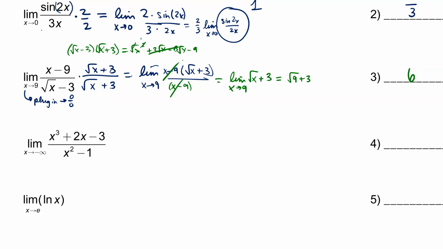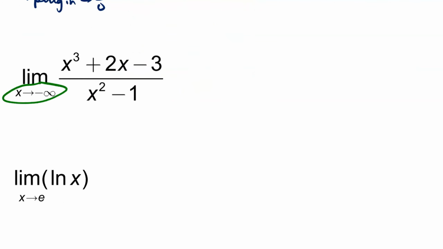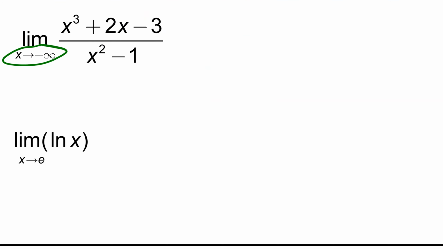So notice we're going towards negative infinity. Whenever we're approaching end behavior and limits, it's when we're approaching infinity and negative infinity. So to see what the limit would be, see what the end behavior is, I think Tal said it before, we use the leading term test, but you have to make sure you pick the term with the highest exponent. This time we have x cubed over x squared.